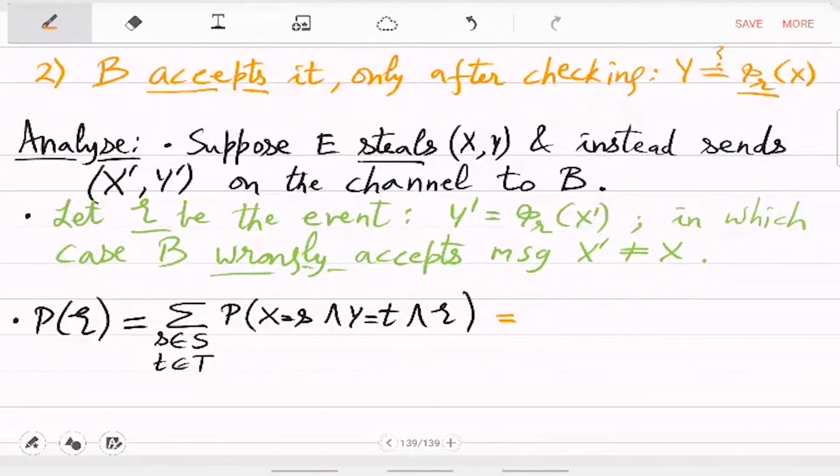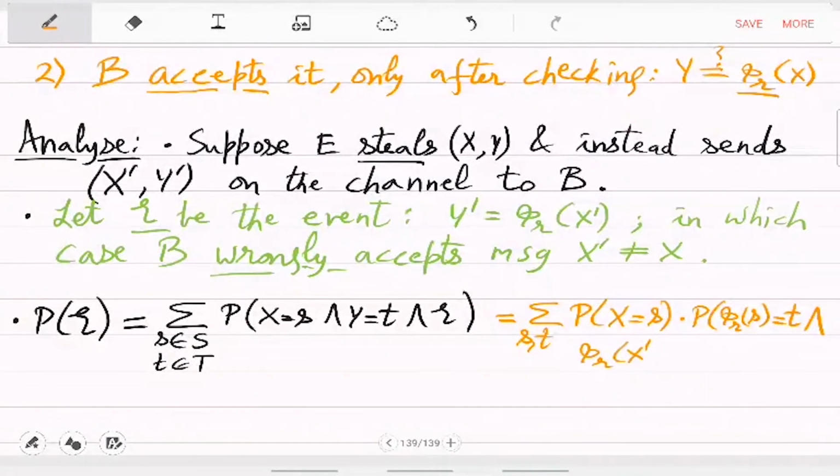What is the probability? That is, the probability that the message is S, times the probability that phi r s is t and phi r x prime is y prime and x prime is different from S. This x prime y prime is what Bob has already got, so we are fixing x prime y prime.